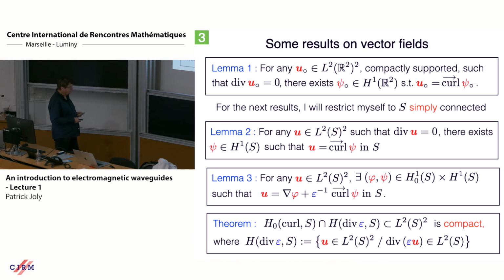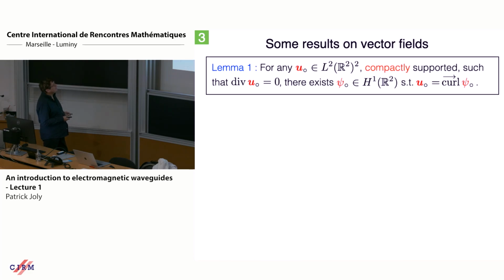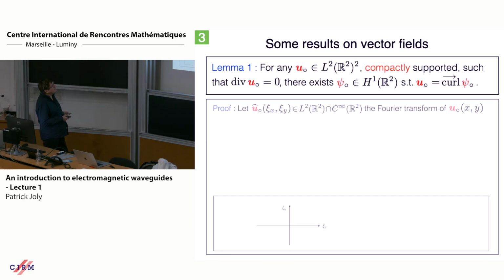So for getting compactness, you will need a control of the divergence, and also the boundary condition is important. If one of these two is not satisfied, compactness is lost. So the first lemma in R2 is easily done with the Fourier transform.